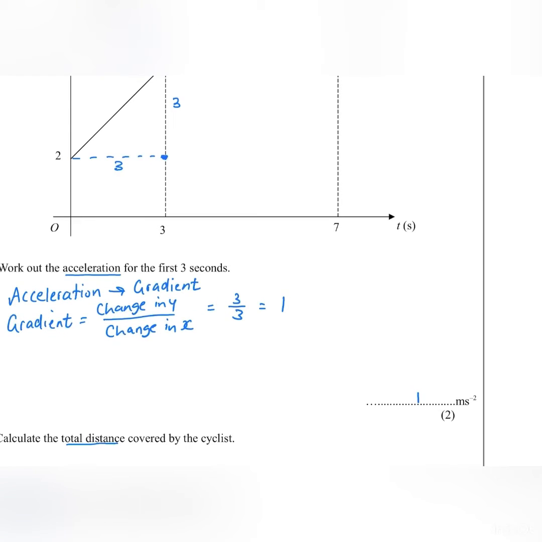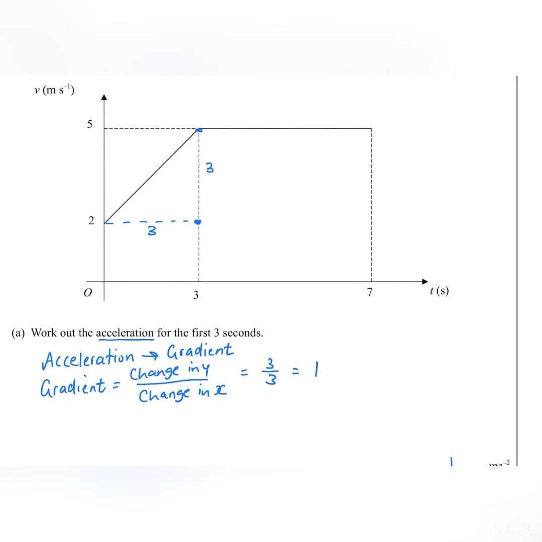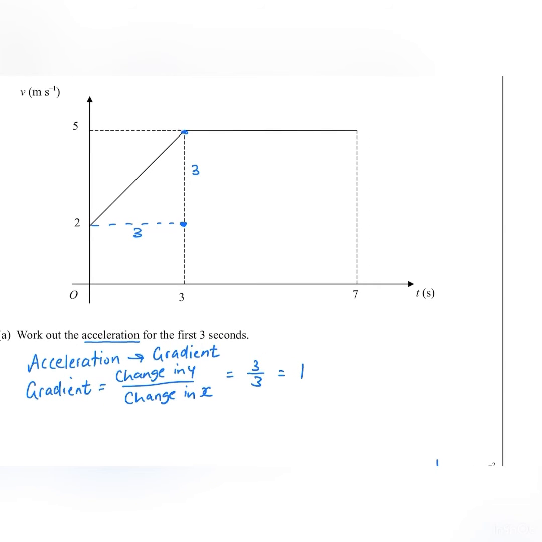Okay, now the second part says, calculate the distance covered by the cyclist. We know that the distance is the area under the graph, or under the curve if the graph is a curve.